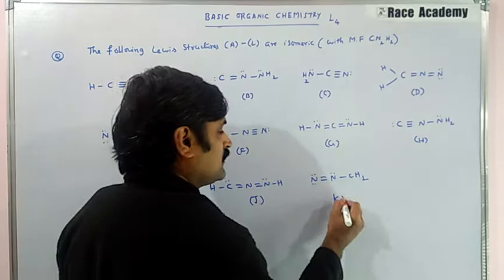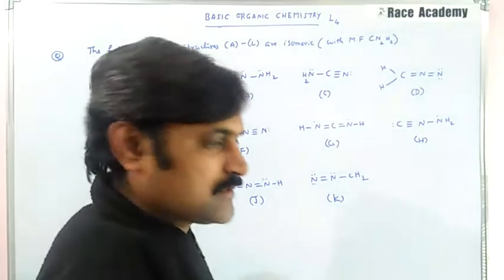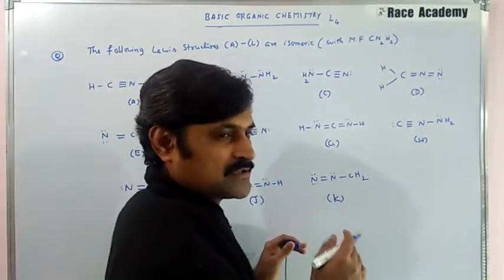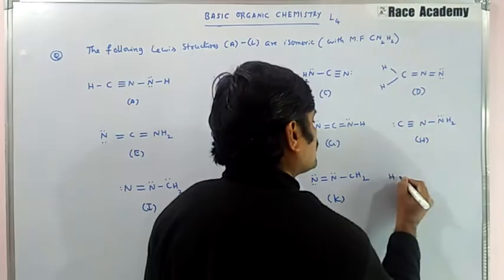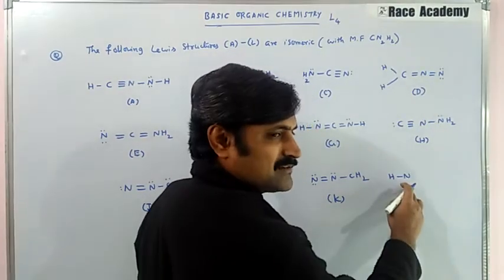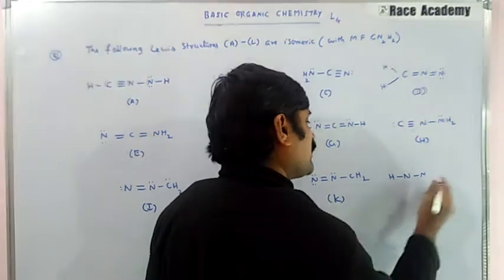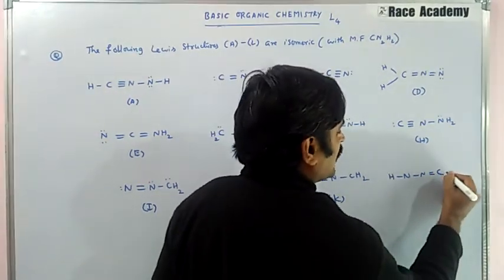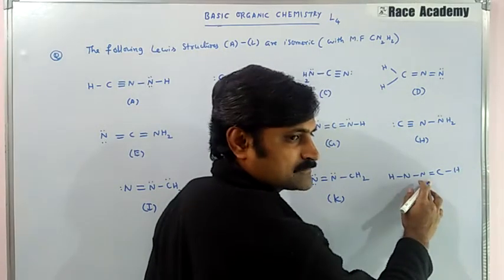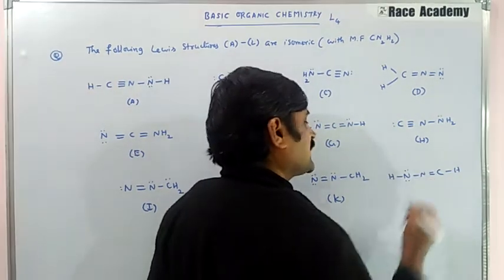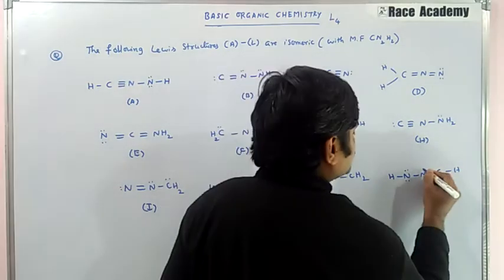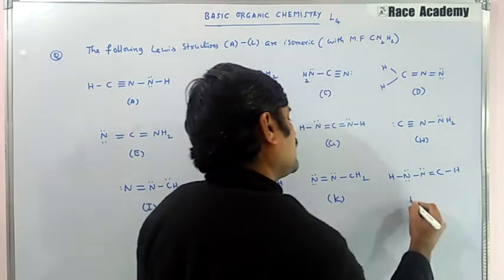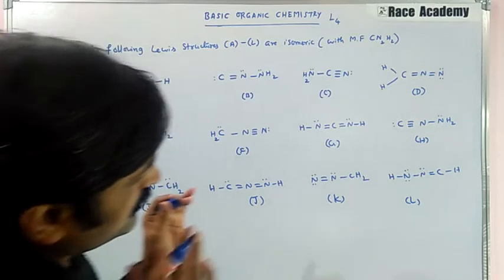This is taken as K. And coming to the last one, HN like this. Between the nitrogens there is no multiple bond, but one nitrogen has a double bond with the carbon, and over one nitrogen two pairs are given, and another nitrogen has one pair only. They call this the L structure.